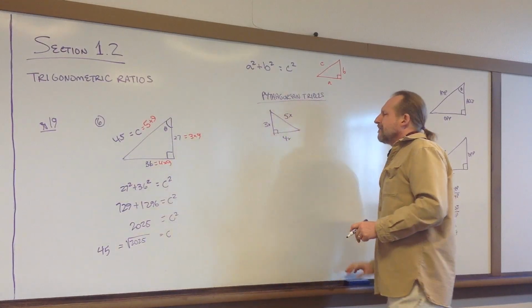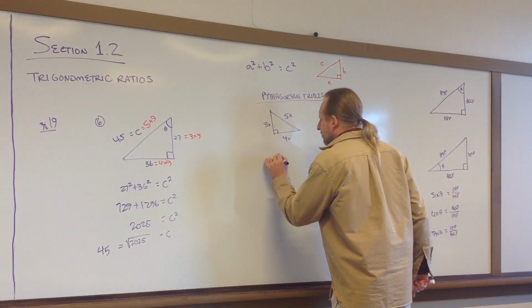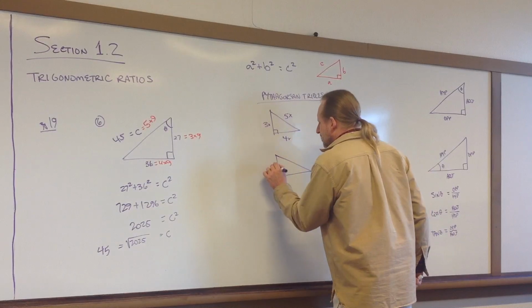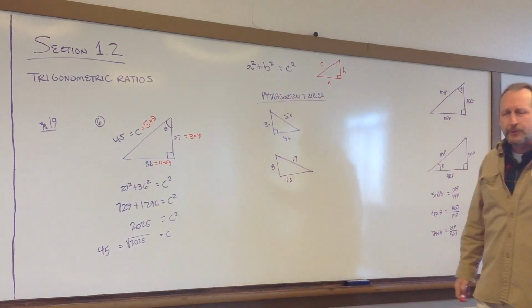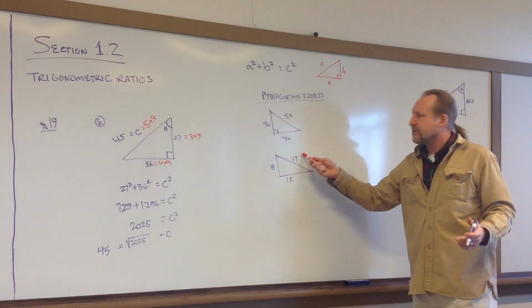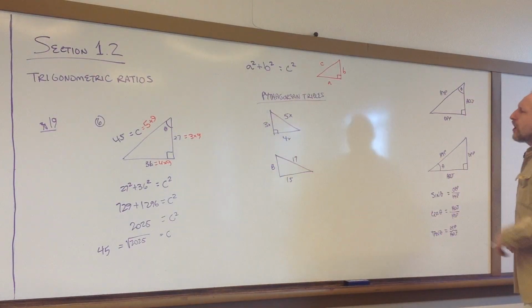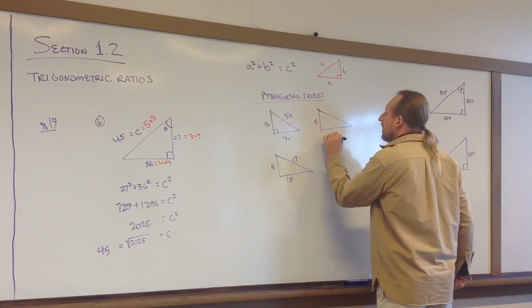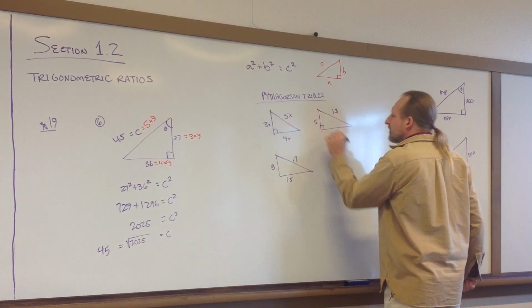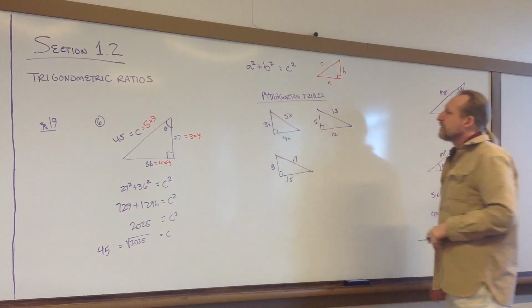What else do we have? There's the 8, 15, 17 triple, and any multiples of those, so 16, 30, 34 also work. Oh, 5, 12, 13. 5, 12, 13 is another Pythagorean triple.